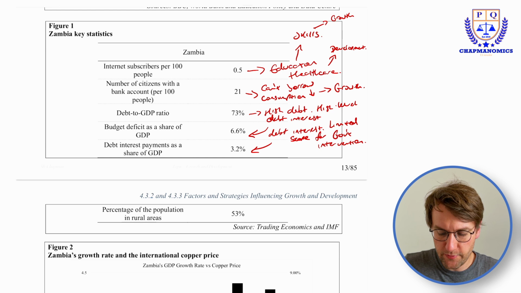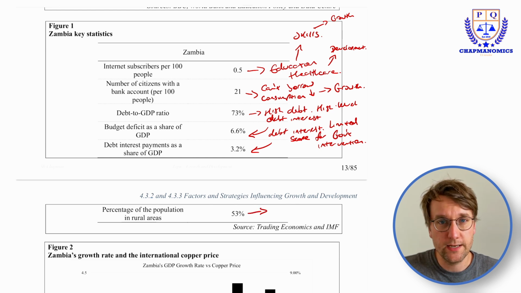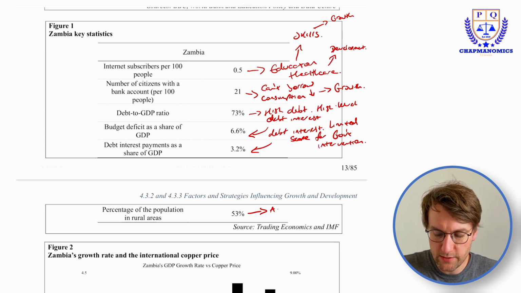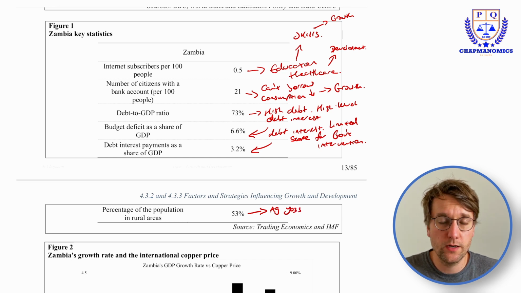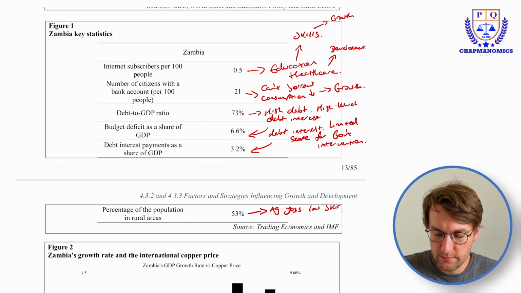And then the percentage of population in rural areas, that's 53%. Now, if these people are in rural areas, these are a lot of the people who are in poverty, as we saw before. And also, there's a bit of a stereotype that you can put in place here. If these are agricultural jobs, so people in farms who are picking crops, for instance, then they're potentially low skilled work.